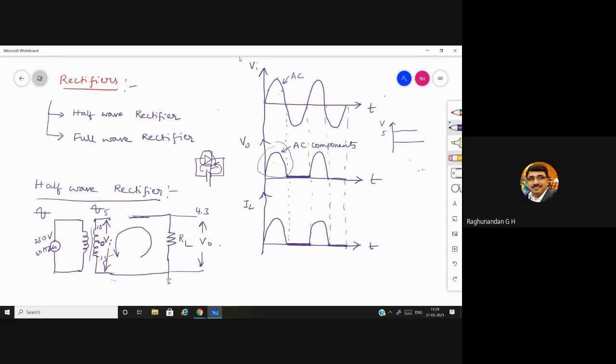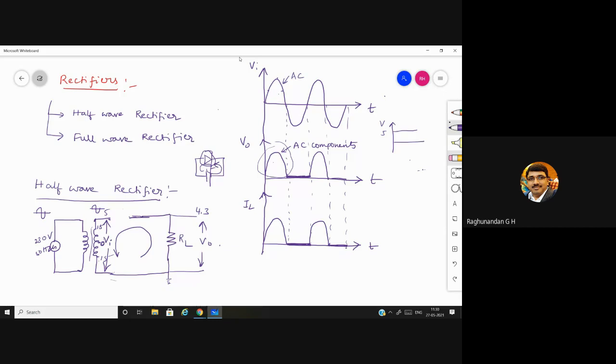Actually speaking, our intention was to convert AC to DC. In the process of conversion of AC to DC, we were expecting that the diode is capable of converting AC to DC. But the output of this diode across the load is giving a shape like this. This indicates that AC components are still present. That is, AC is still present in the output voltage.